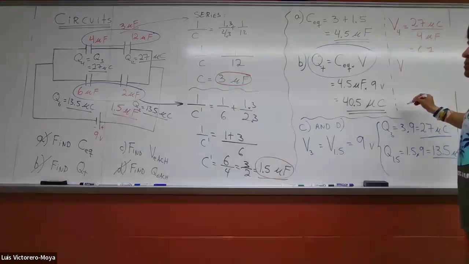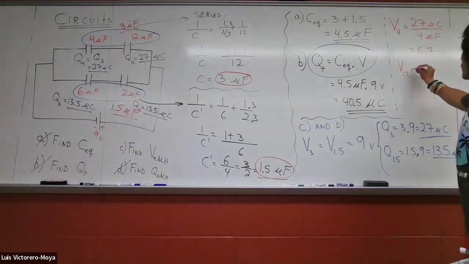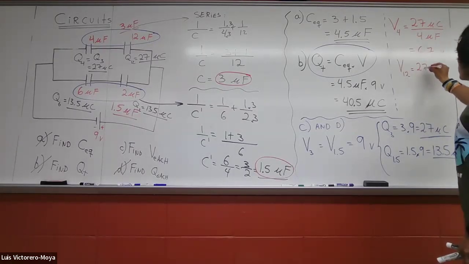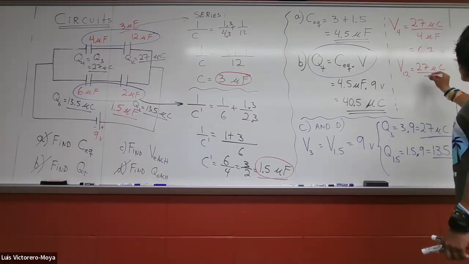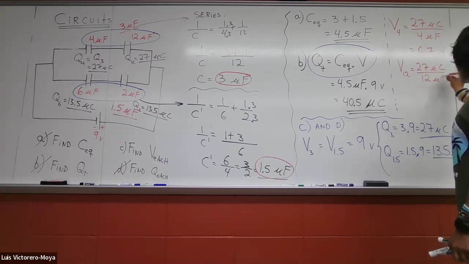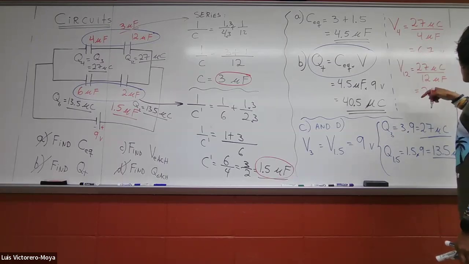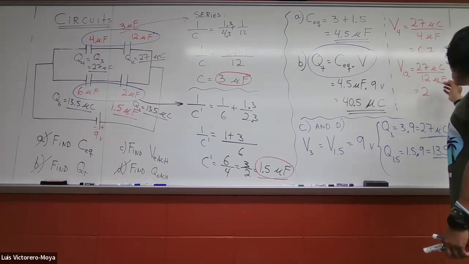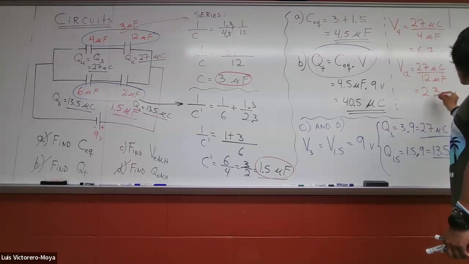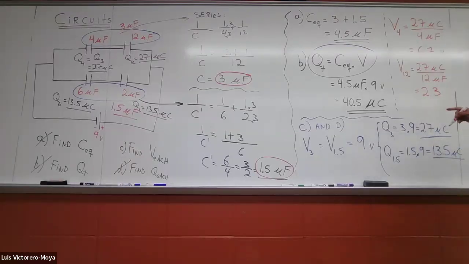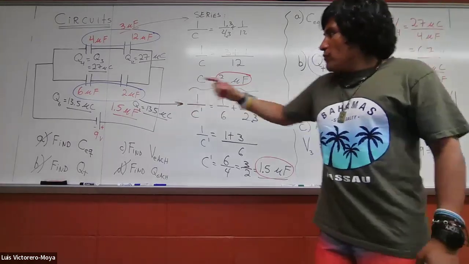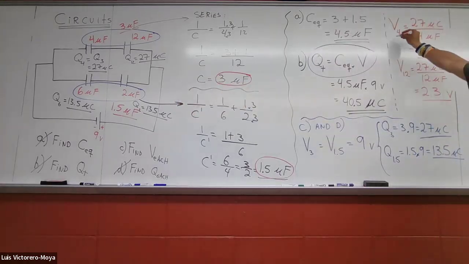The voltage on 12 will be 27 divided by 12, 2.3. 2.3 plus 6.7 is 9 volts. So that's how you find voltage on 4, voltage on 12.